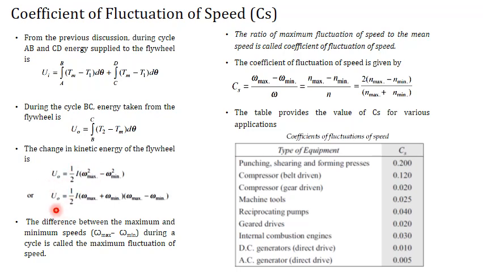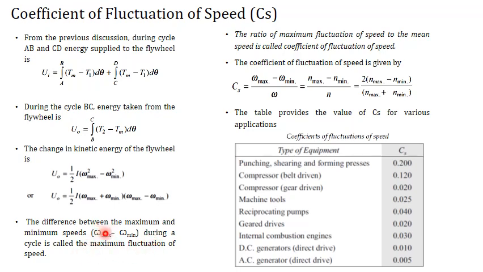So this equation can be expanded as half I into omega max plus omega min, into omega max minus omega min. This difference between the maximum and minimum speed is called the maximum fluctuation of speed.